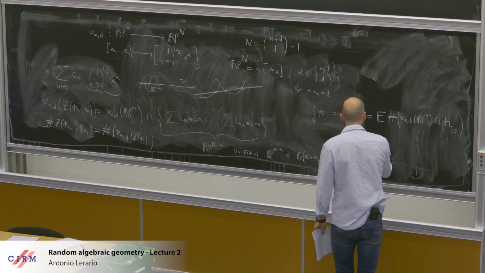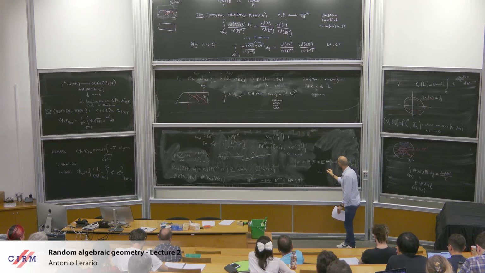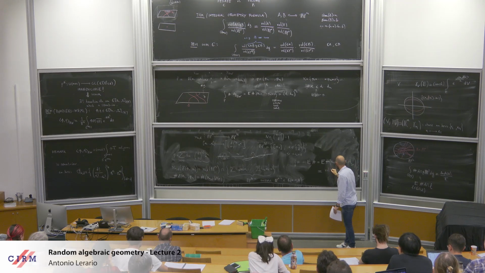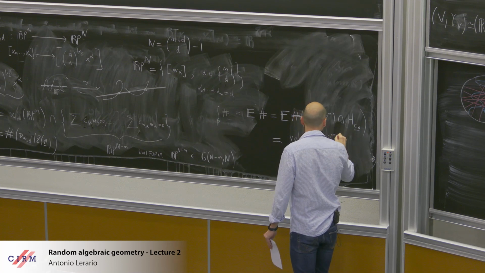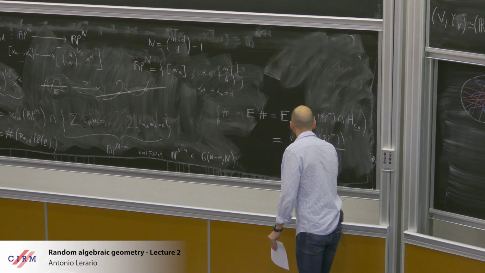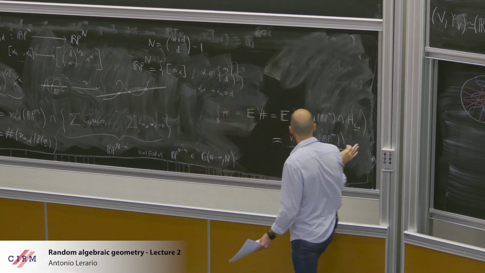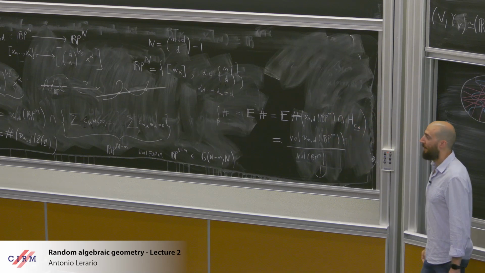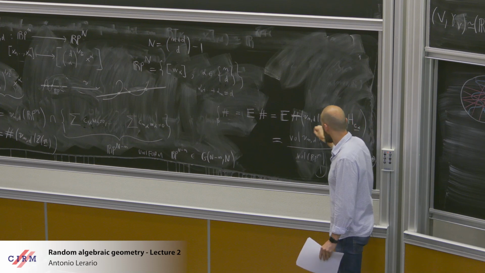So that means now, by our integral geometry formula, that this is just the volume of the Veronese hypersurface divided by the volume of RPn, times some constant. And what is the final thing that you do? You just compute this volume.